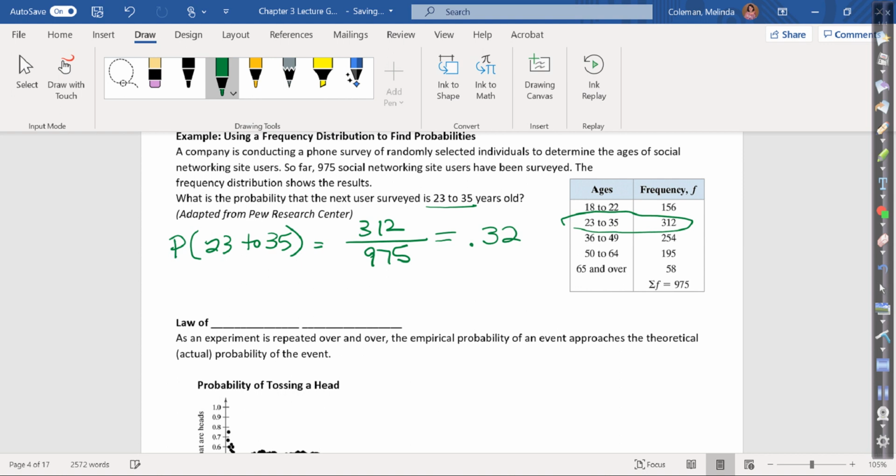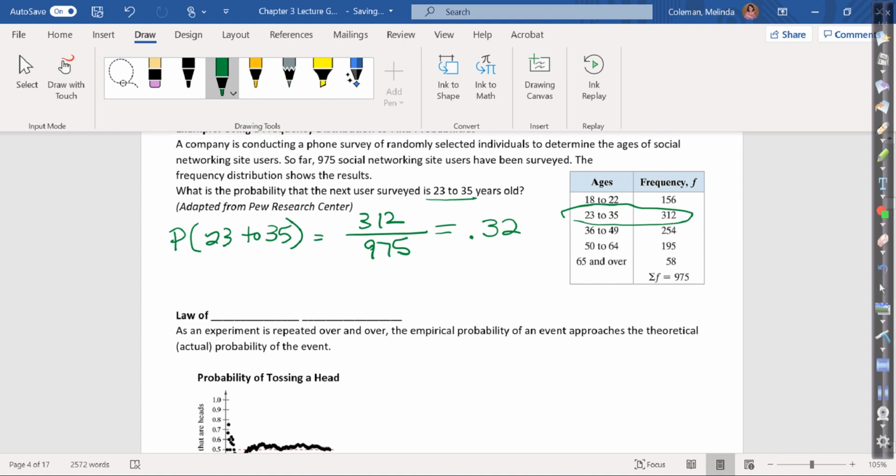So there's about a 32% chance that the next person surveyed is going to fall into that group. Obviously, there's going to be a lot less probability that they would be 65 or older, because that's the smallest group already surveyed.